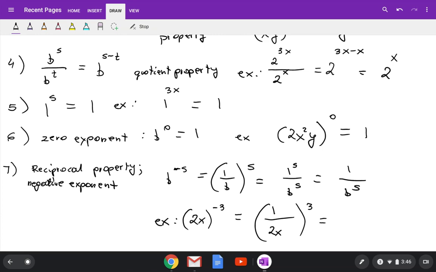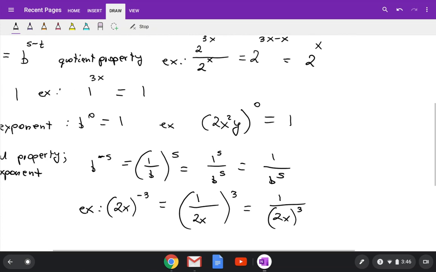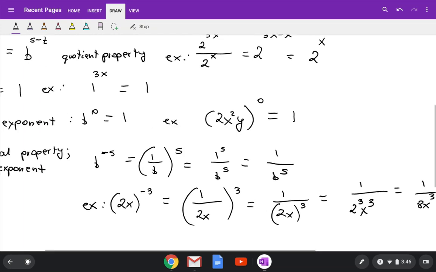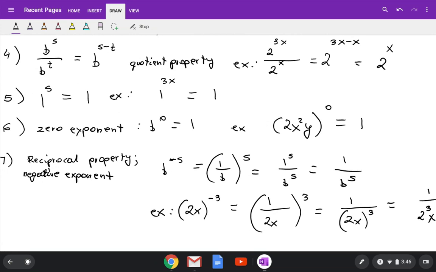This is the same as 1 over 2x to the third power. And here we can simplify, so this is 1 over 2 to the third power times x to the third power, because I applied the distribution property. And this is the same as 1 over 8x cubed. So that's what happens when you see a negative exponent.